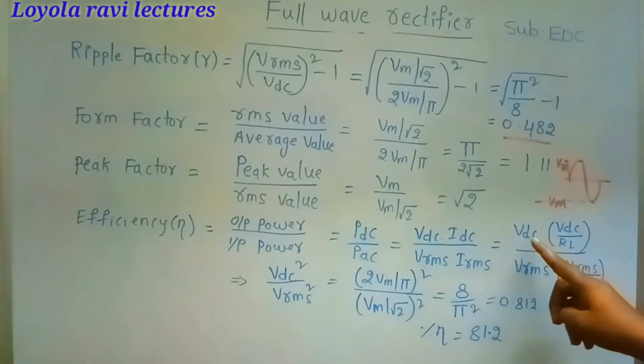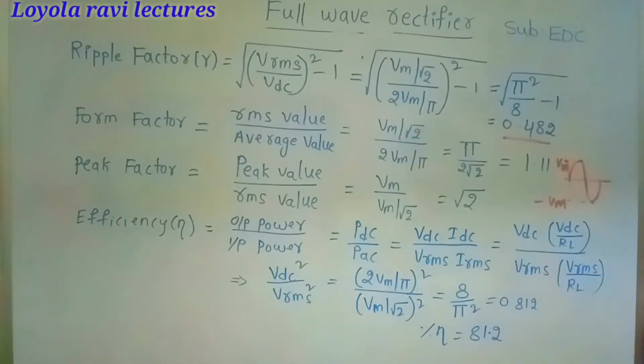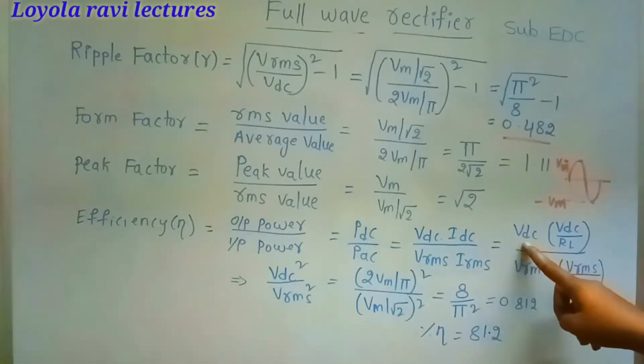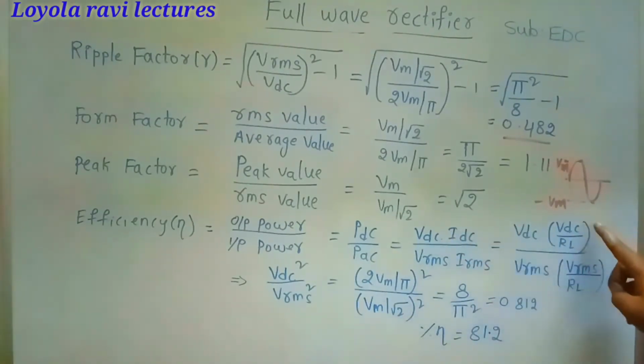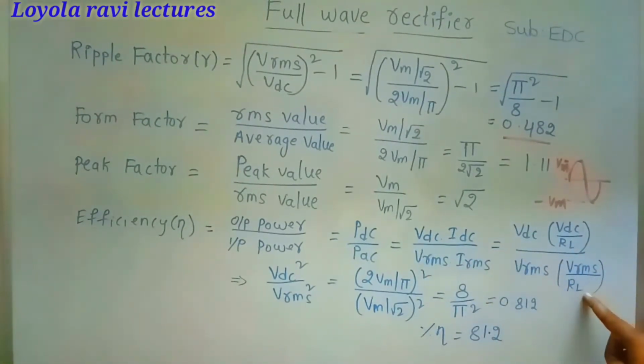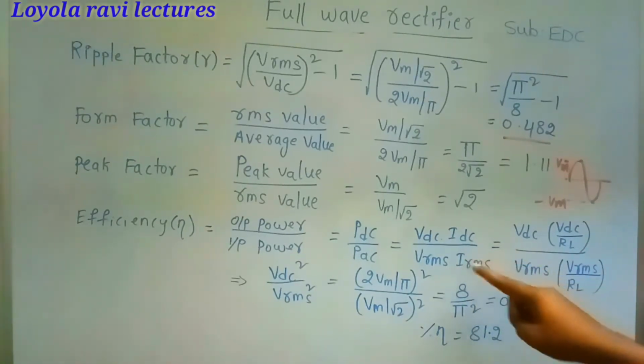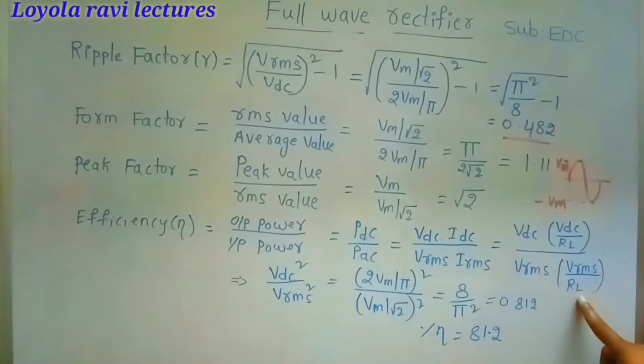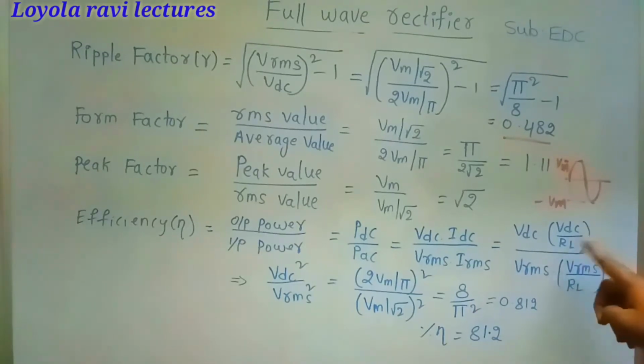I am writing in terms of voltages. VDC into I, where I is V by R, that is VDC by RL, the load resistance. Similarly, VRMS into IRMS is nothing but VRMS by RL, since IRMS is VRMS by RL. Then RL gets cancelled.